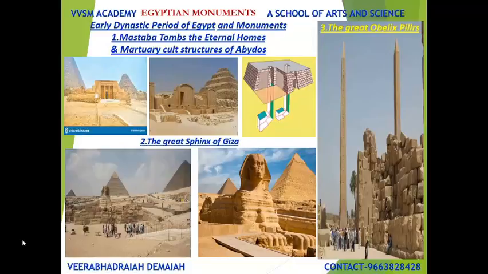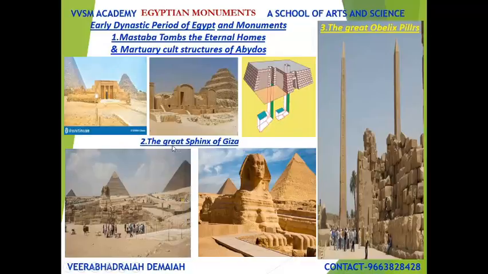So these are the mastaba tombs in the Egyptian civilization we come across. These are wonderful monuments we can see in Egypt today, and these are the graphic structures showing how the mastaba tombs were architected.